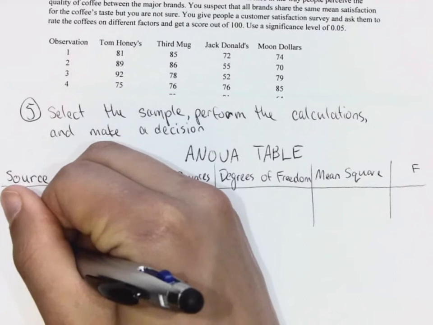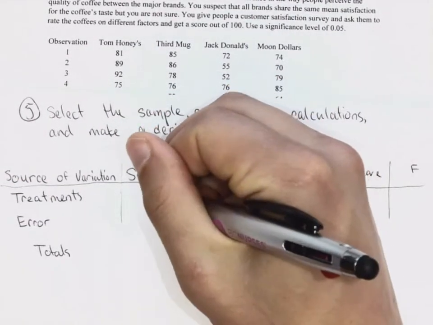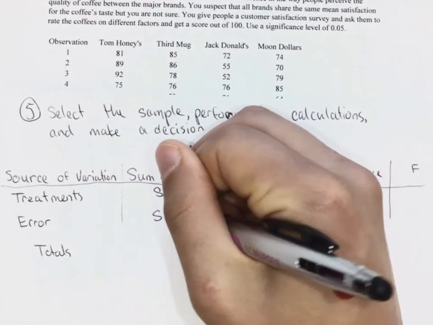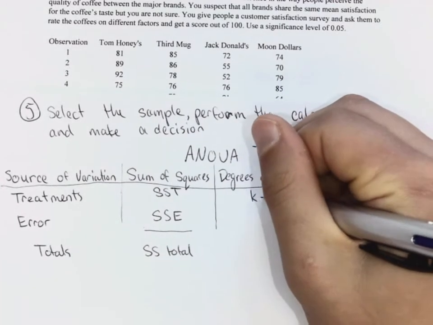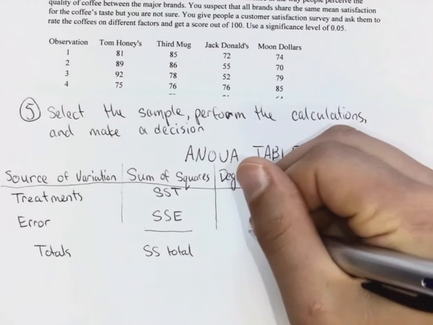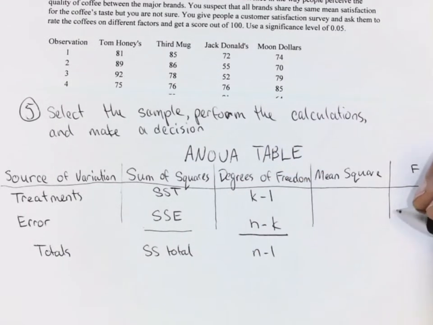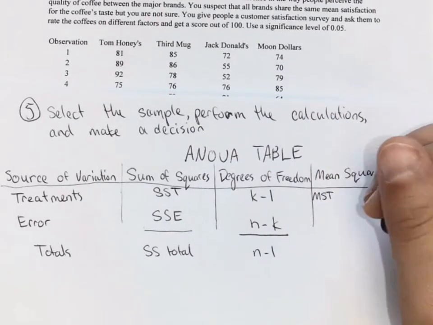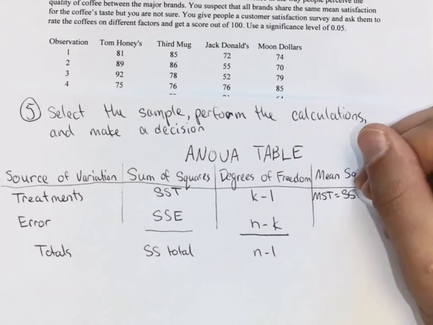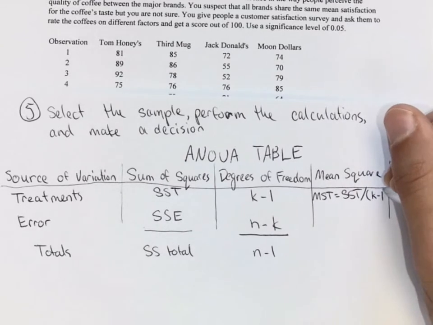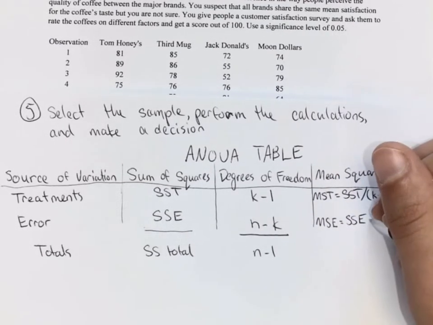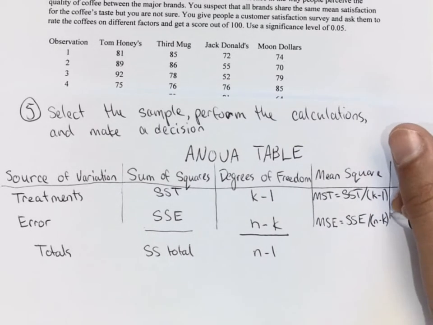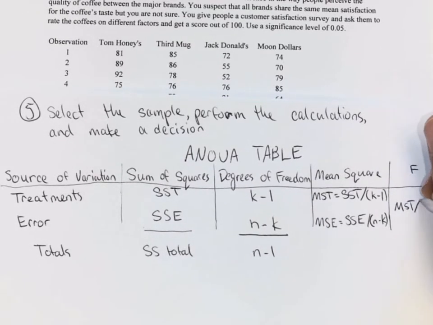We'll then have our totals, and we will enter our calculation numbers here. So we'll follow these steps to finally get our F value.